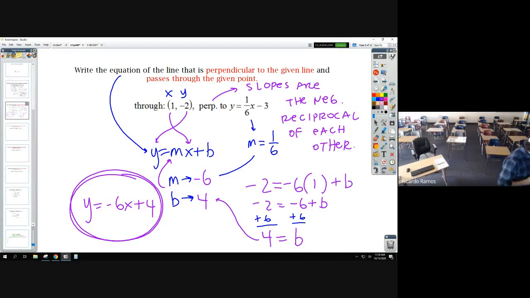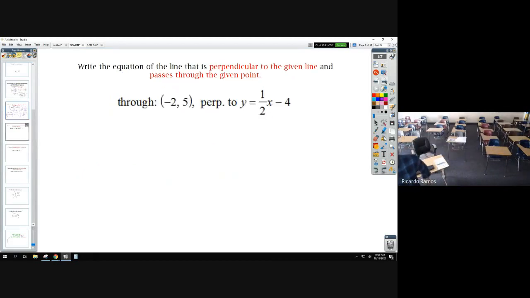Let's try it again, yeah? All right, so this one, again, equation of a line. Okay, find the slope and the y-intercept. Let me get you set up here.